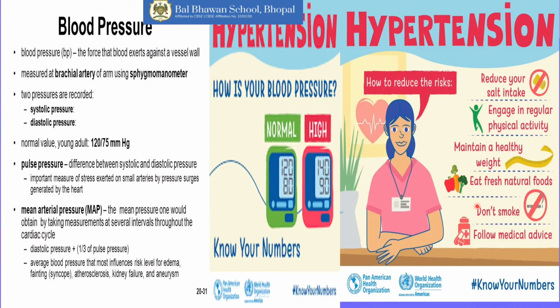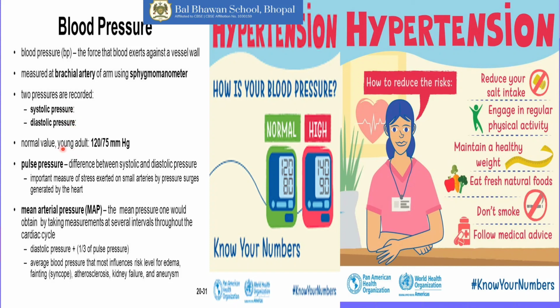Now coming to blood pressure. Blood pressure is the force that blood exerts against a wall. That is blood pressure, and it is measured at the brachial artery with the help of an instrument known as a sphygmomanometer. There are two types of blood pressure. First is when the heart contracts, that is called systolic, and the other is diastolic, when the heart relaxes.